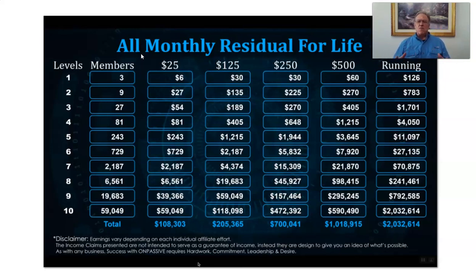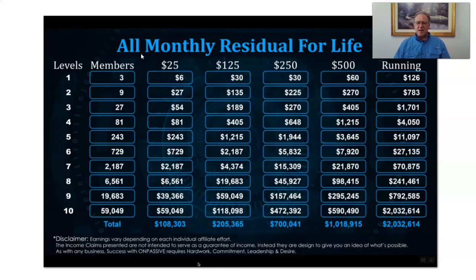We will be placed in the matrix through our timestamp, and then OnPassive, because of some of the things they're doing, and I'll get into that, will fill the matrix from left to right, top to bottom.